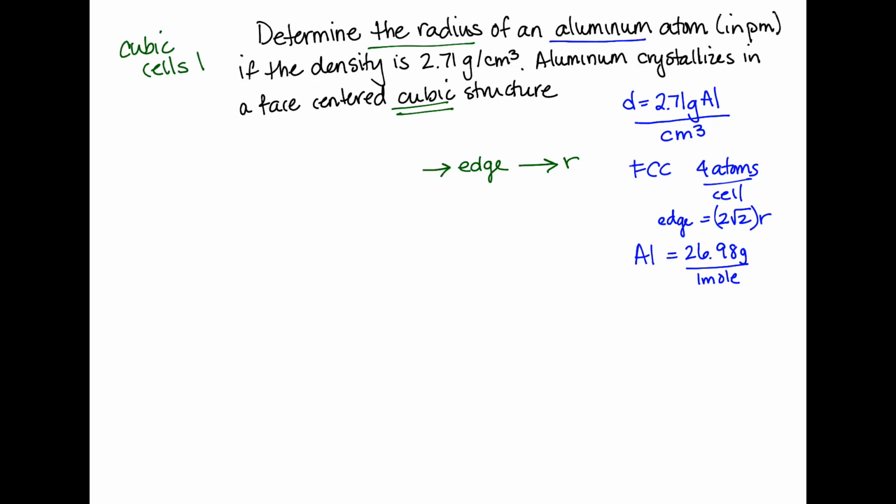So if we can find the volume of one cell, we can find the edge because we know that the volume is equal to the length times the width times the height. All those are the same. Those are all edges. And so volume is really an edge cubed. So if we can find the volume, we can take the cube root of it and we can get to the edge.